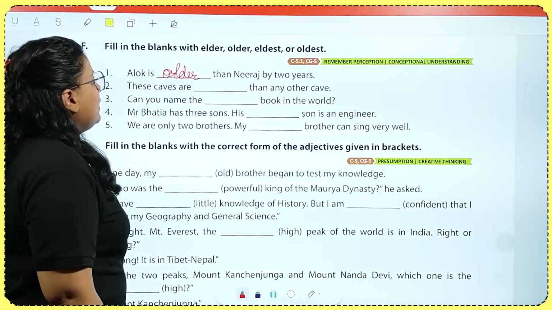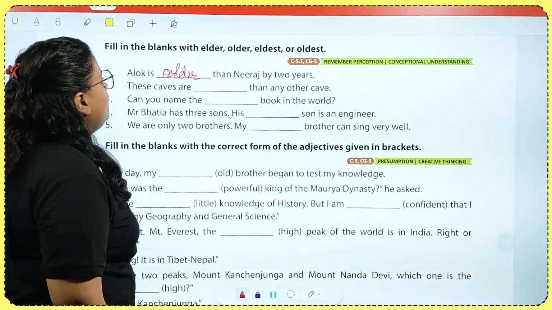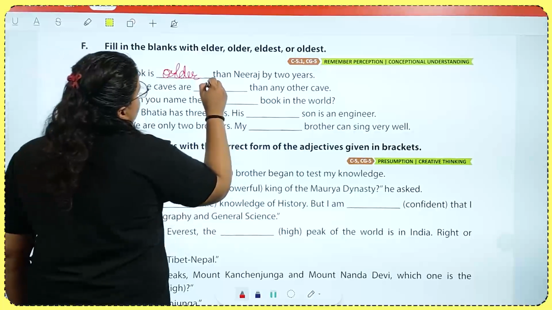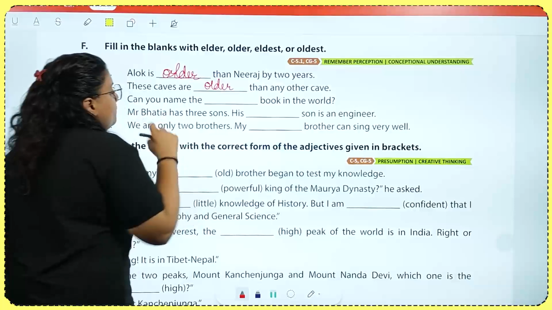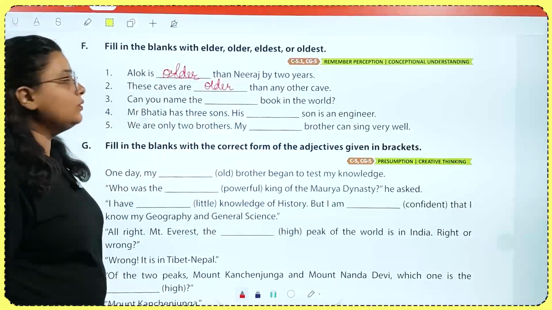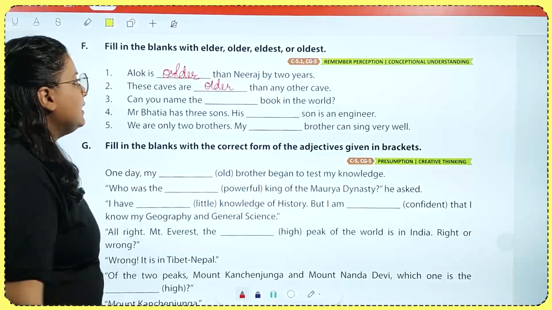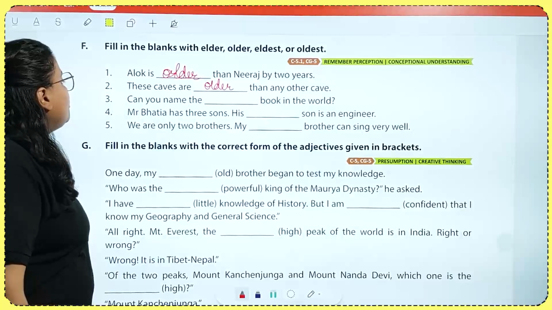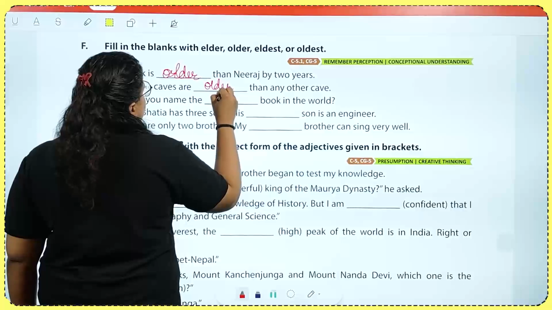These caves are dash than any other caves. These caves are older than any other caves. The word than is here, otherwise we would have used the oldest. These caves are the oldest among all the caves. Can you name the dash book in the world? The oldest.